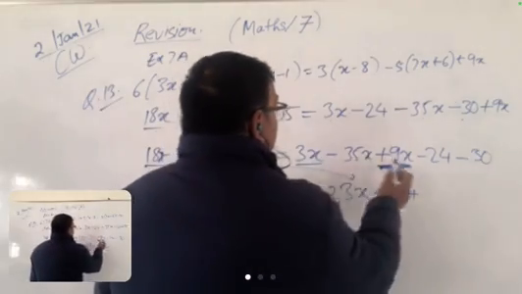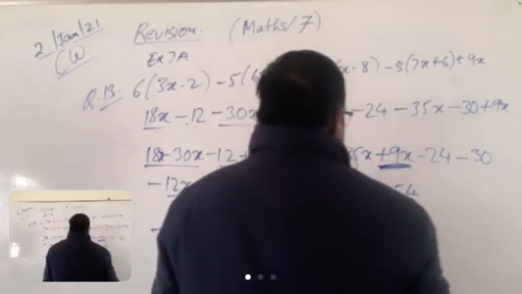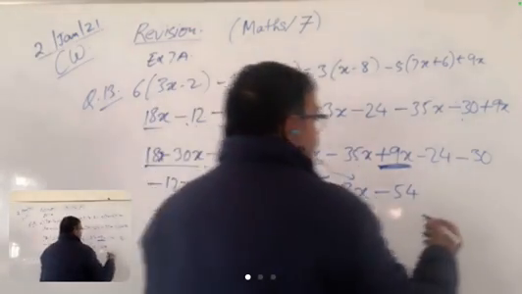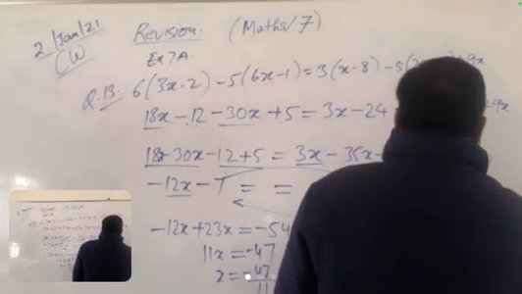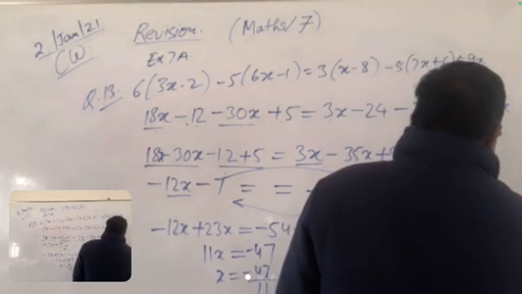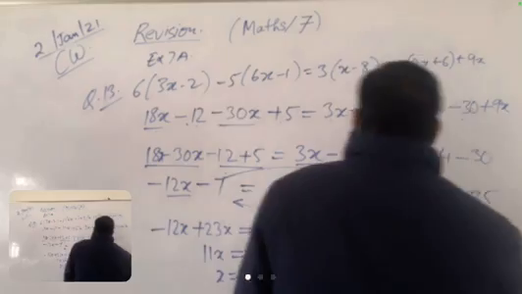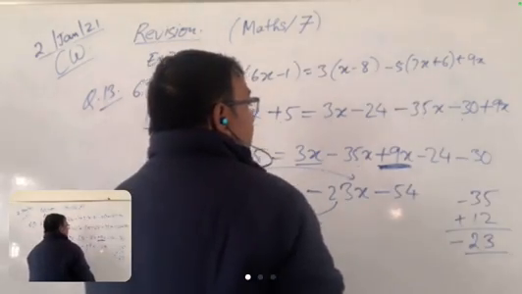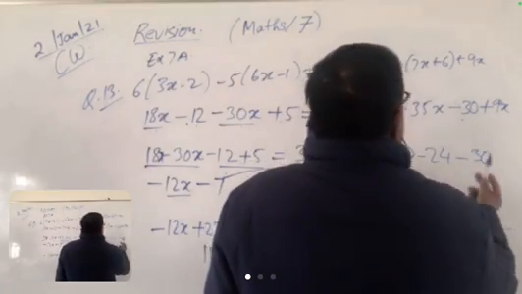Now 3 plus 9 is 12, and 35 minus 12 is 23. So it will be 23x.